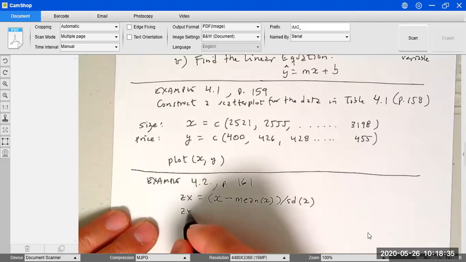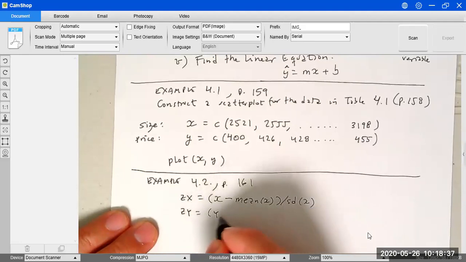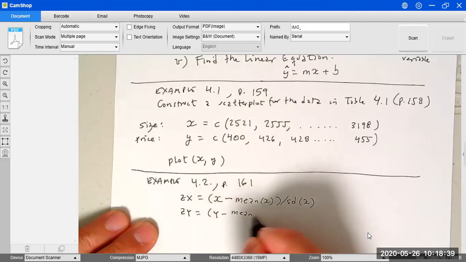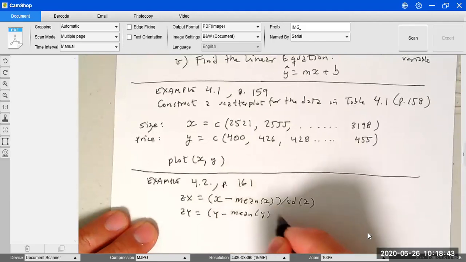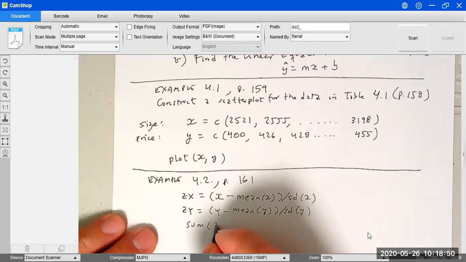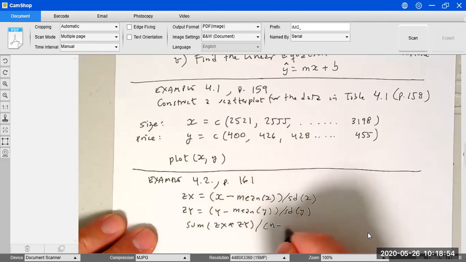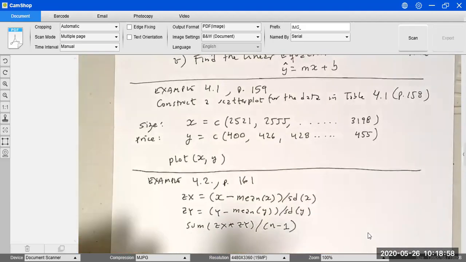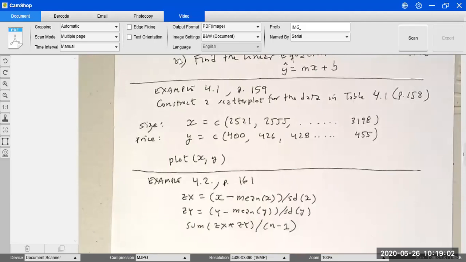And zy is going to be just y minus the mean of y, and we're going to divide that by the standard deviation of y. And then we're going to get the sum of the product of zx and zy, and we're going to divide that by n minus 1, and that is going to be the linear correlation coefficient. So let's do that now.